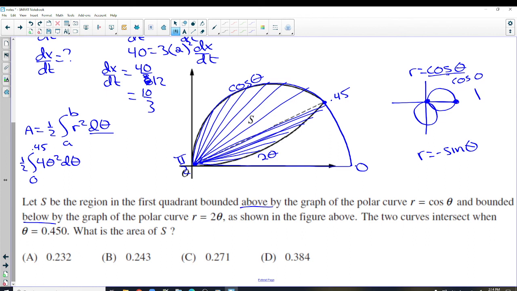So there's this bottom piece of it. Plus 1/2 integral from 0.45 to pi over 2, to get to half a circle, of cosine squared theta d theta. And it ends up, I mean, you use math number 9 for this, and it ends up being letter B.